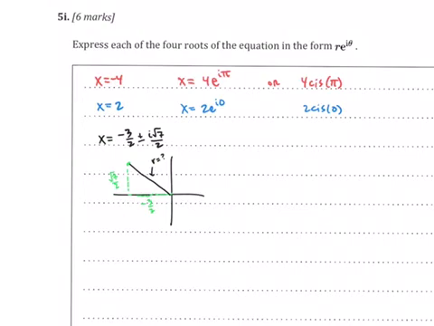So r squared would equal x squared, or the real component squared. So negative 3/2 squared plus square root of 7/2 squared.